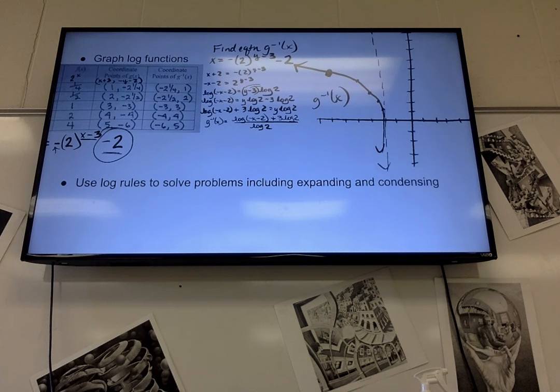Okay, that has to do with using the properties. Yes, ma'am. Absolutely. That has to do with using the properties.